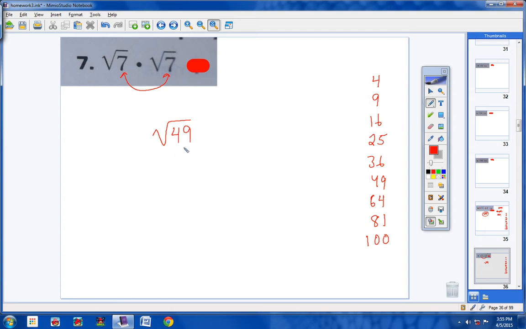You know the answer to this. 7 times 7 equals 49, correct? So the square root of 49 is simply 7. That is the answer. Pretty simple. If it's a perfect square, if it's a number you know the square root of, you do not have to simplify it. You just simply write your answer.